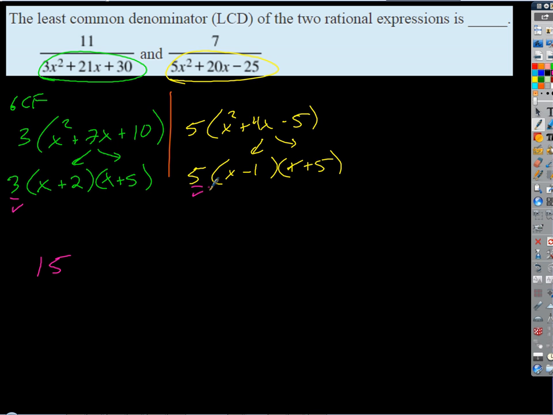Okay, what's a factor I need to include? X plus 2. Okay, I need an x plus 2 because that shows up in the green denominator. It's not a shared factor. What else? X minus 1. X minus 1 shows up there, so I need it. X plus 5. And then I only need 1 x plus 5 because those are shared factors.